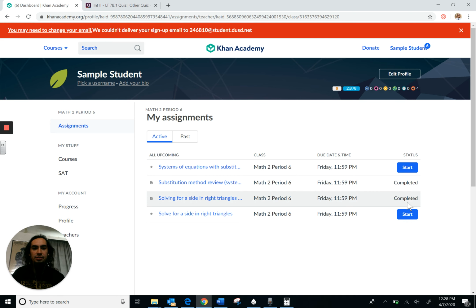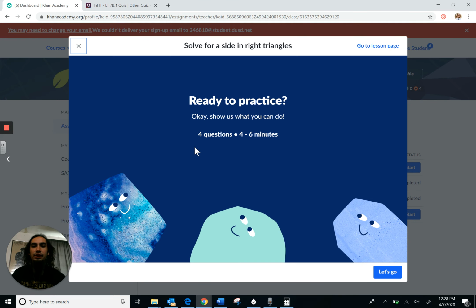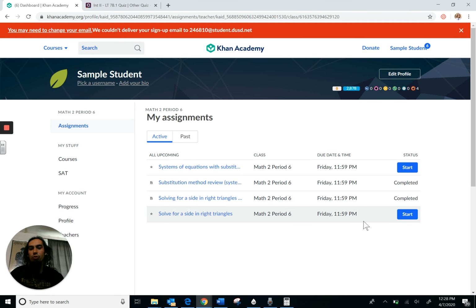Okay, so I have viewed that. So you'll notice it says complete now. And the actual assignment, the one with the star, this is going to be actually graded. This one I'm going to grade. It's only 4 questions. It should not take you very long. It's not timed. You can take as long as you want. But it's 4 questions. And as with before, I'm going to have you guys try to get a high score as possible so you can retake this assignment as many times as possible.